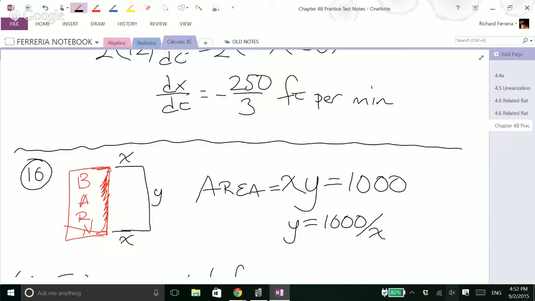Then y is 1. Can it be 2,000? Then y is 1/2. Can x be 100,000? Yes, y would be 1 over 100.